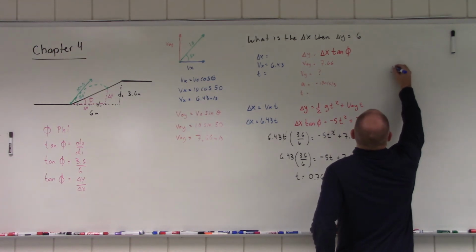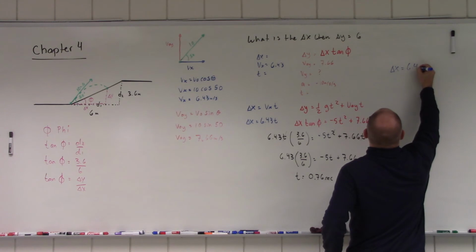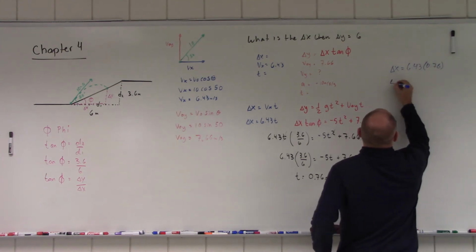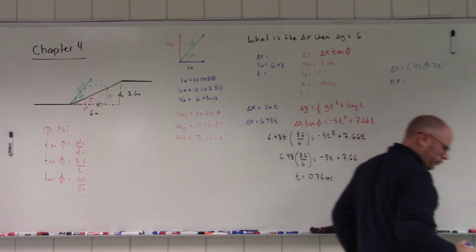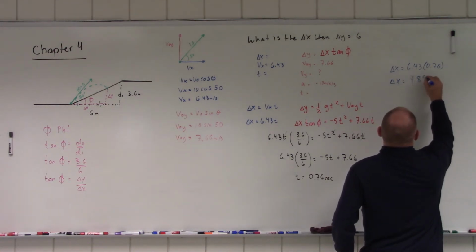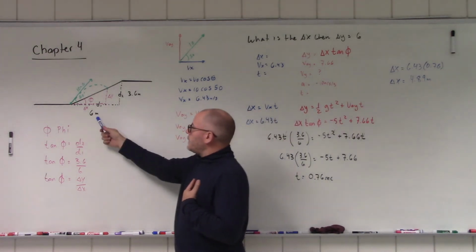So delta x is going to be equal to 6.43 times 0.76, 4.89. Okay. And that's less than 6, which is good.